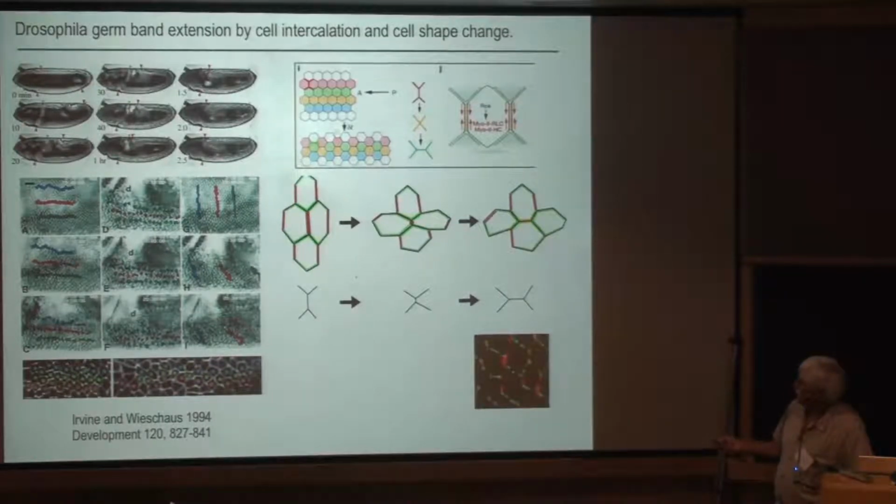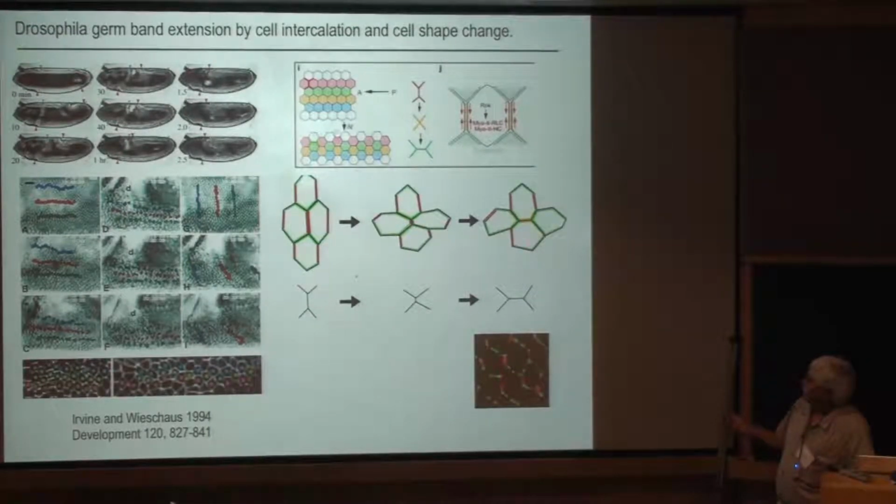Myosin is localized on the anterior and posterior surfaces. In laser ablation experiments, where they slice this with a laser, tension develops in this boundary and it's squeezed together, and then they meet at a point and exchange neighbors.